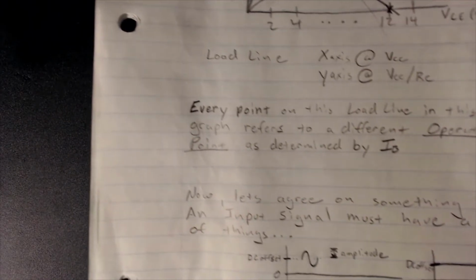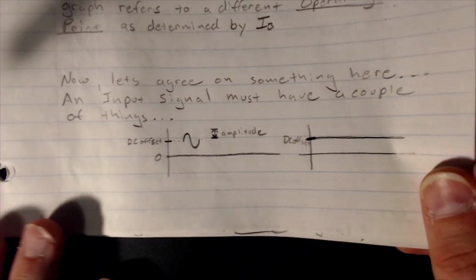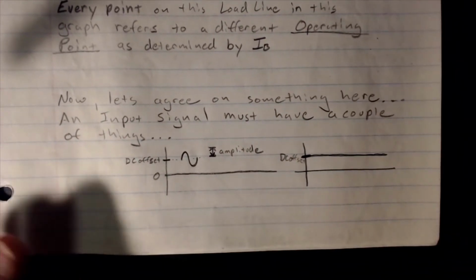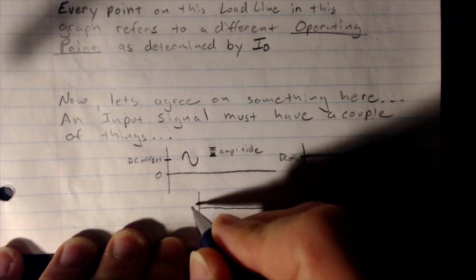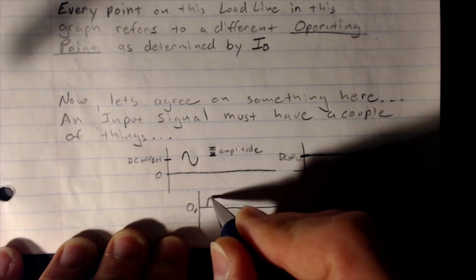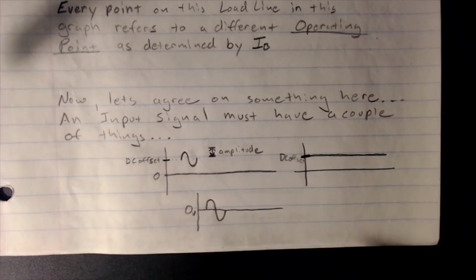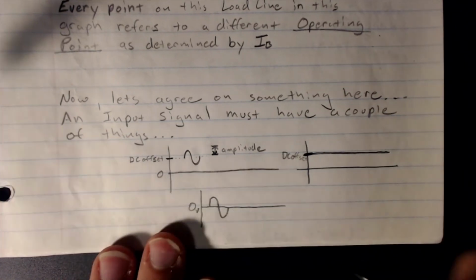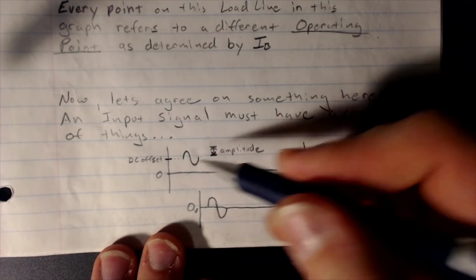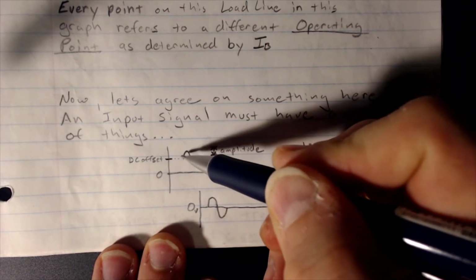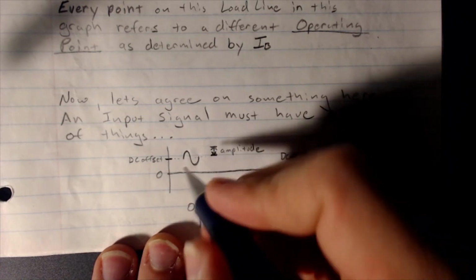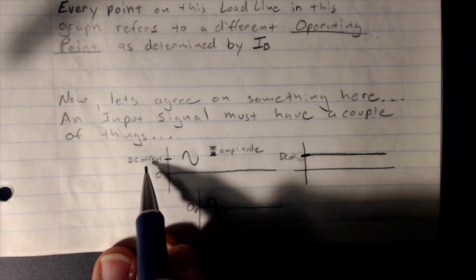So what that means is our signals aren't centered at 0. We actually can't have this with a transistor amplifier, at least not yet. So we have to have our signal actually be floating up at some value or centered at some value. That value we refer to as the DC offset.